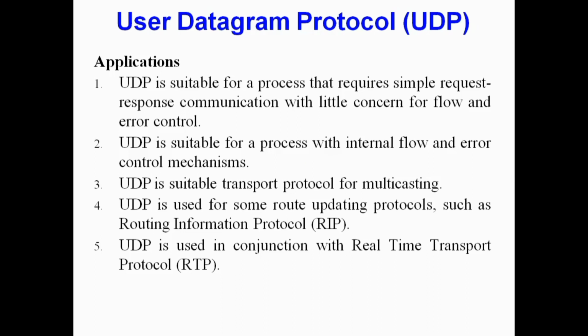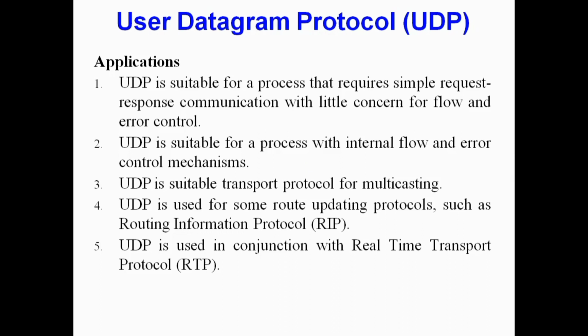UDP is suitable for a process with internal flow and error control mechanisms. UDP is suitable as a transport protocol for multicasting. Also, UDP is used for some route updating protocols such as Routing Information Protocol, RIP. Furthermore, UDP is used in conjunction with the Real-time Transport Protocol, RTP. These are some major applications of the user datagram protocol.